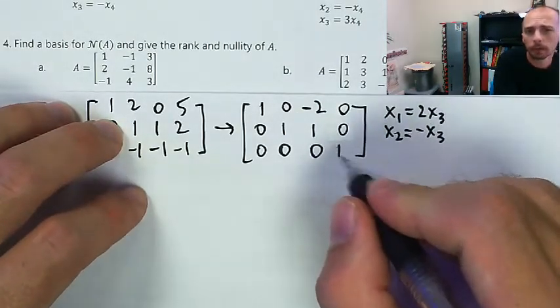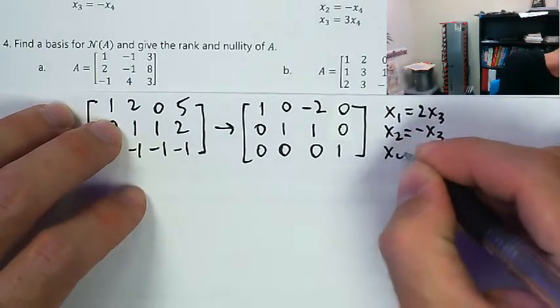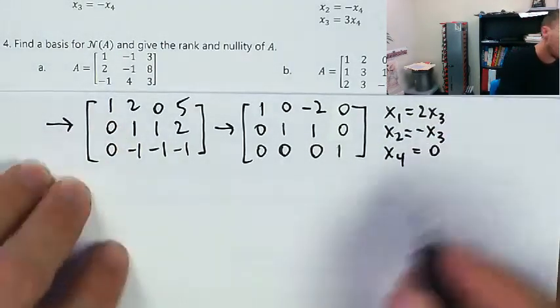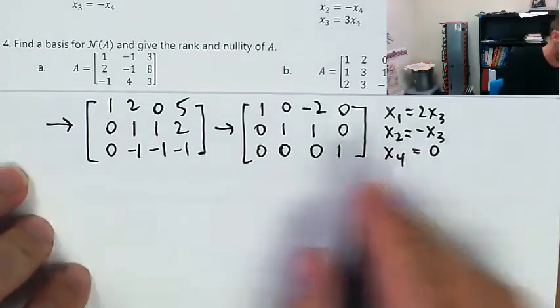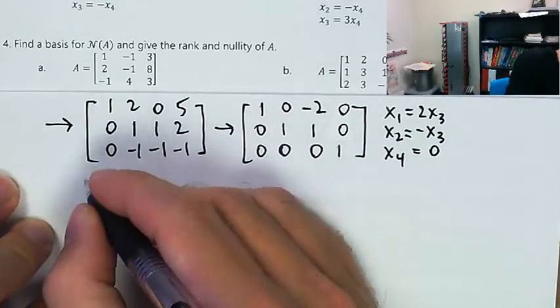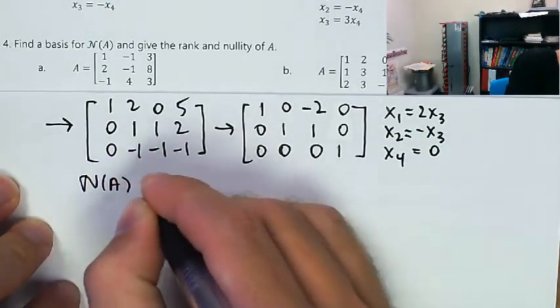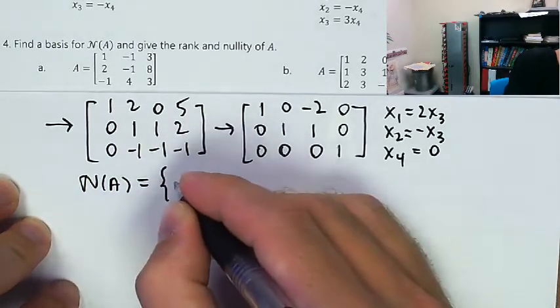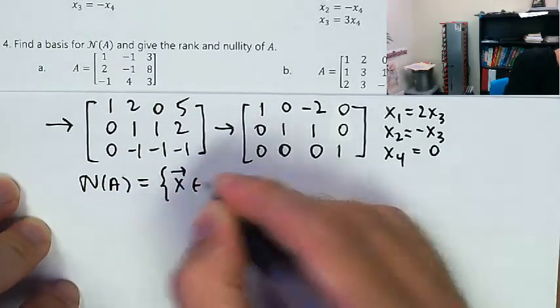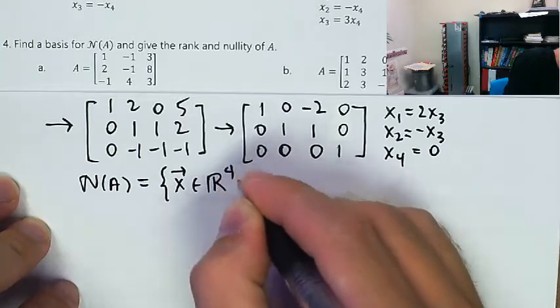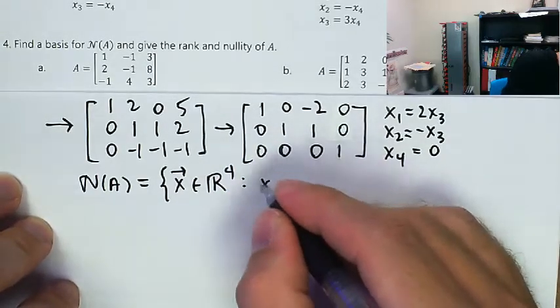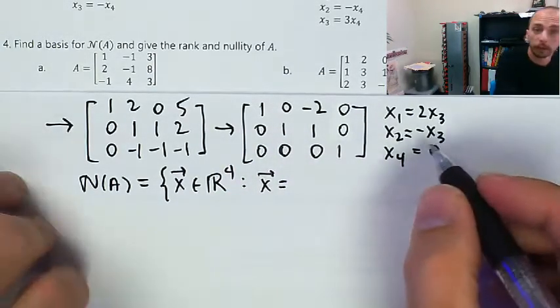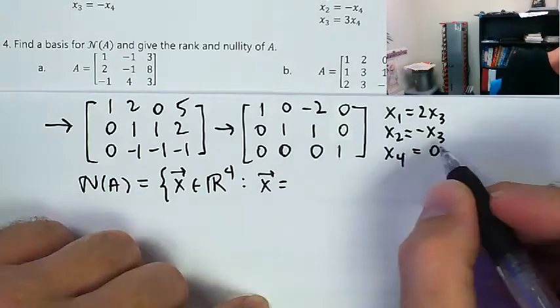And this is saying that x4 needs to equal 0. Okay. A different way of writing this is that the null space of A is equal to the set of all vectors x in R4 for which x equals, I'm going to factor out the x3. x3 can be whatever it wants.